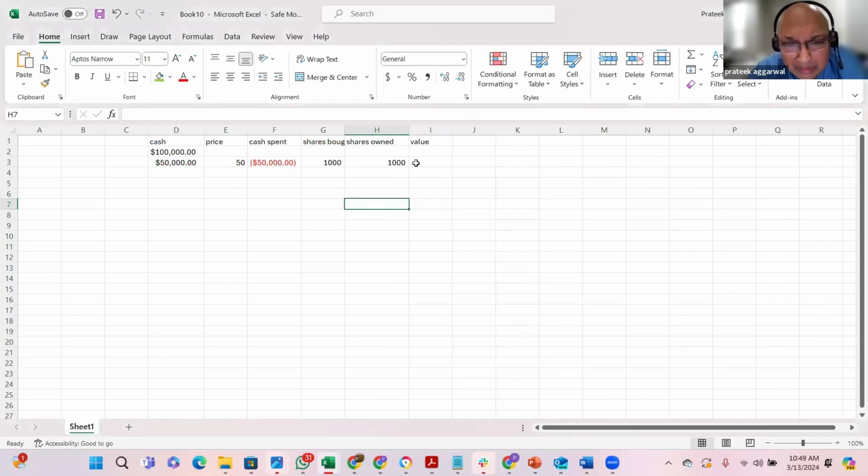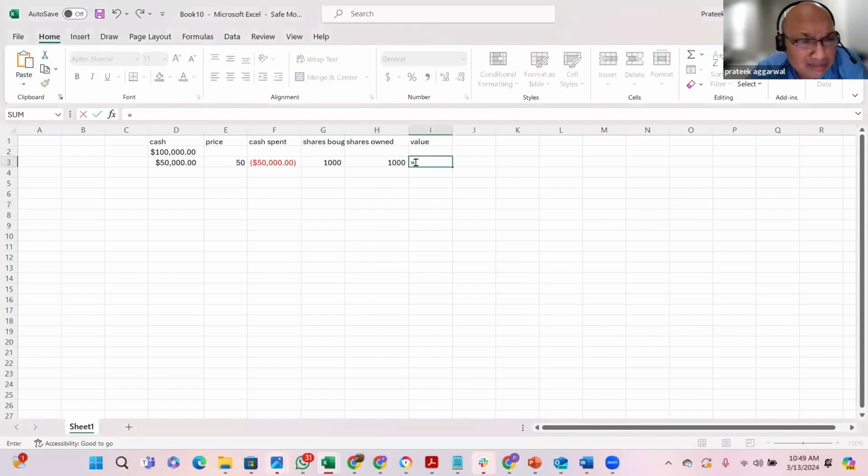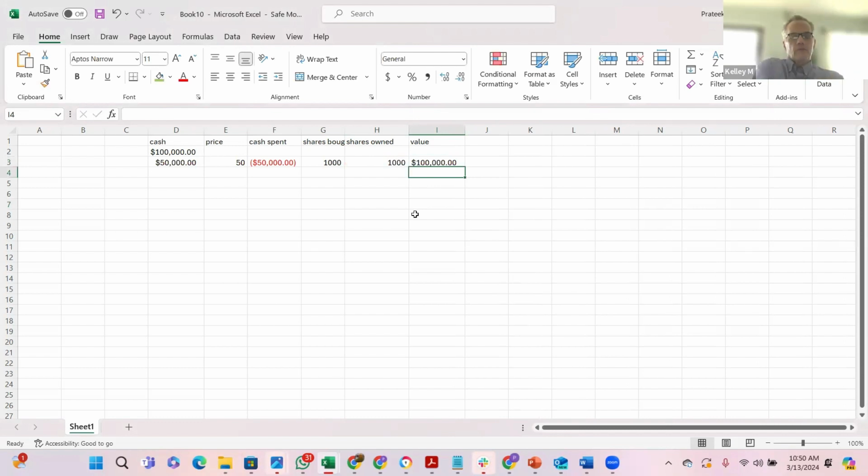Value of the account is equal to D3, that is the total cash in the account, plus H3, the number of shares in the account, multiplied by the price, which is E3. So $100,000 is still the value of the account.